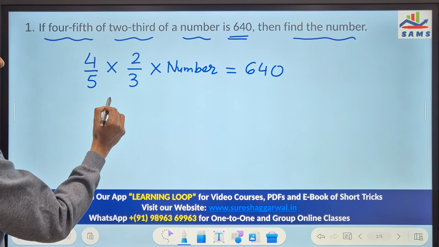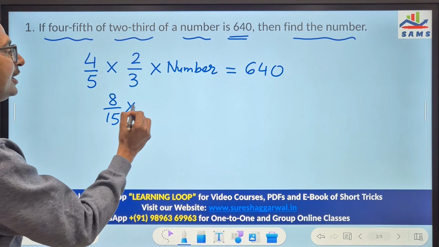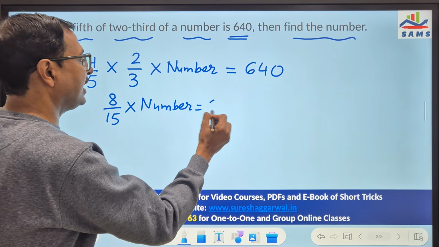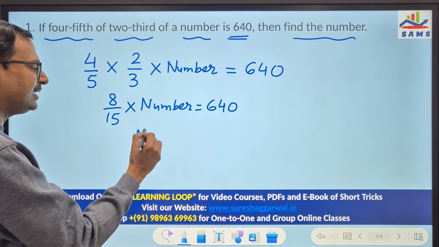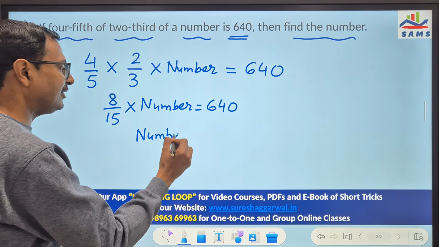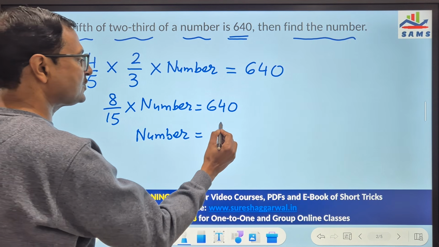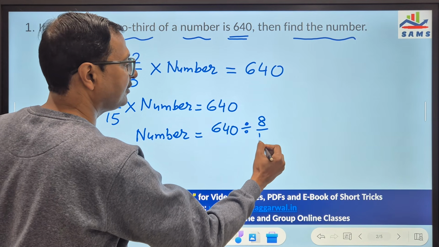So 4 2s are 8 and 5 3s are 15, of a number gives us 640. Now since we have a multiply sign here, when we transpose this 8 upon 15 to the other side, this will get divided, so divided by 8 by 15.